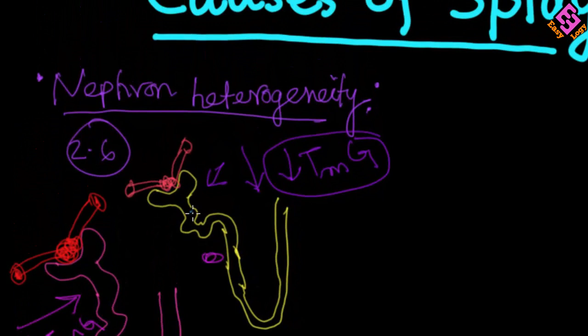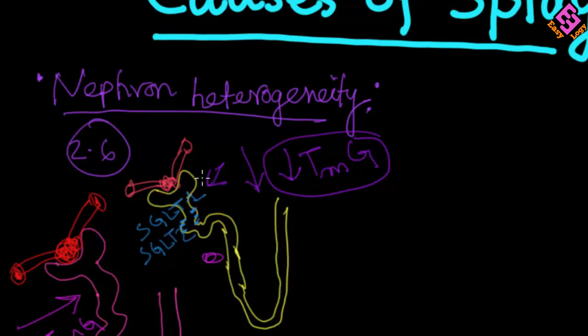The distribution density of the glucose transporter can also be different. This is the distribution of the glucose transporter, that is SGLT, sodium dependent glucose transporter, SGLT1 and SGLT2.